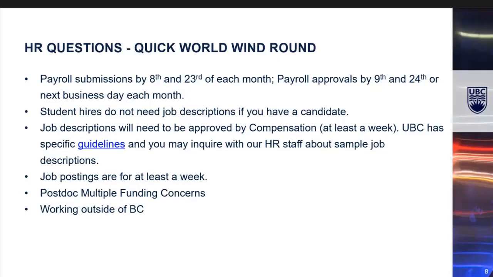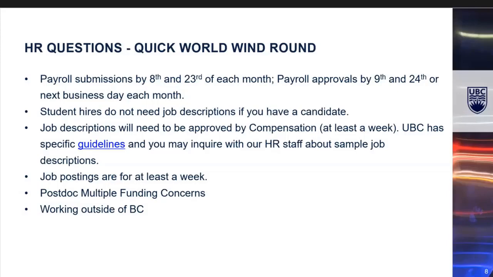Okay. Working outside of BC, WCB is provincially mandated. So every province will have a different sort of WCB bureaucracy and rate and so forth. So if we're having workers who are working elsewhere, and if there is an institution that they're working at, it's probably best to do a subgrant over.